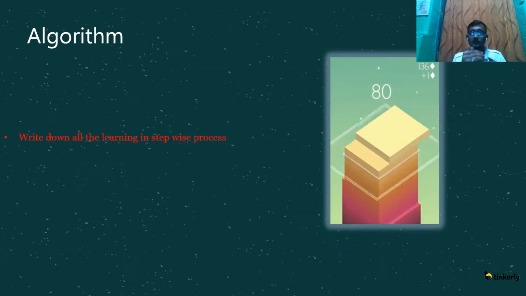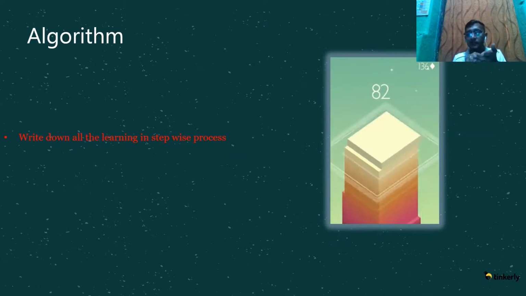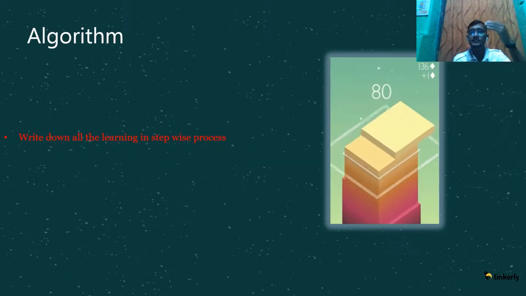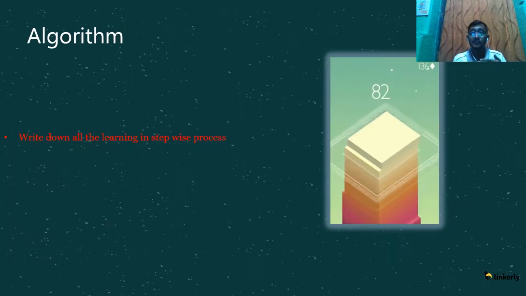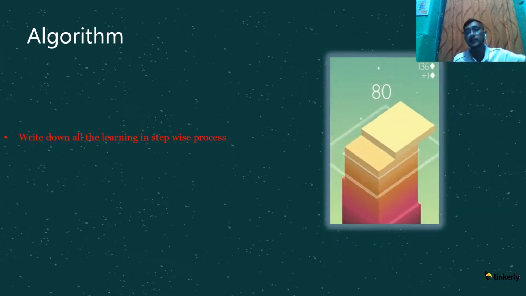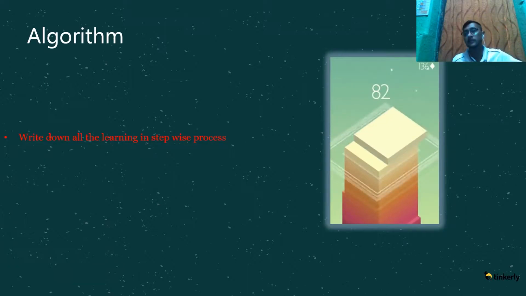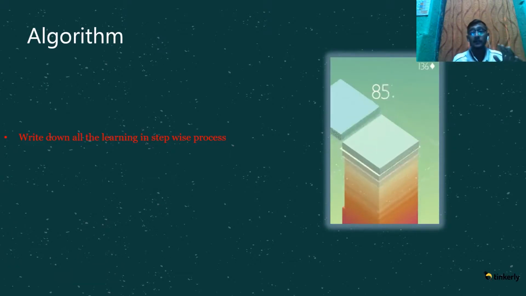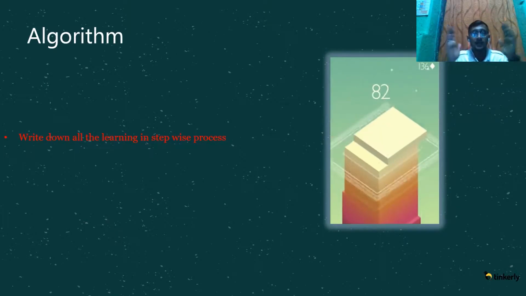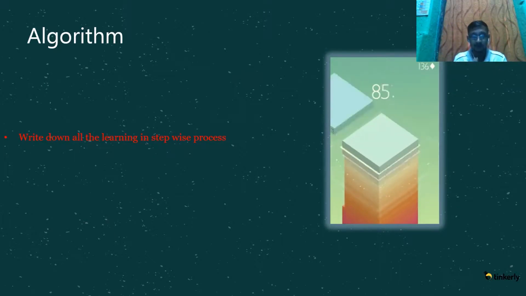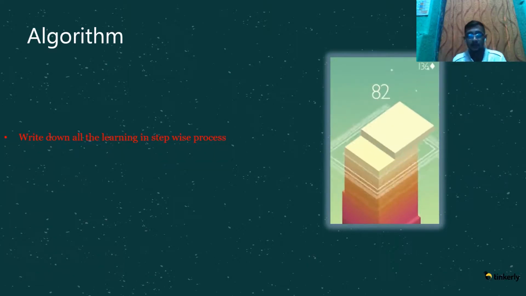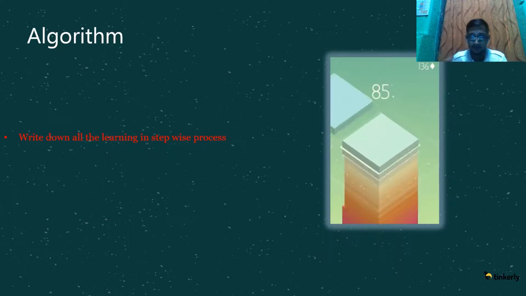So this is the process. Just write down every step: first, second, third, fourth. This is the algorithm. An algorithm is a finite set of instructions, a finite set of steps. This is the total part of computational thinking. Computational thinking is a problem-solving process, with one-by-one steps.